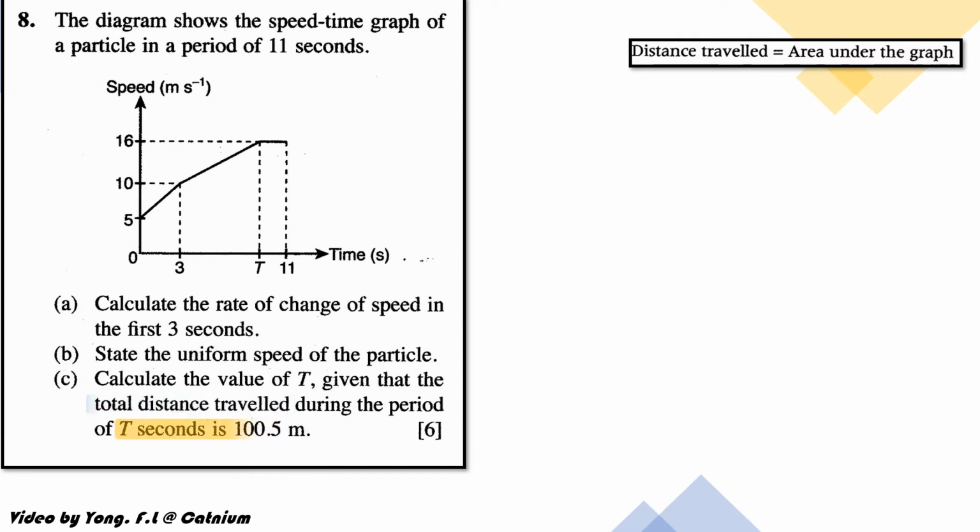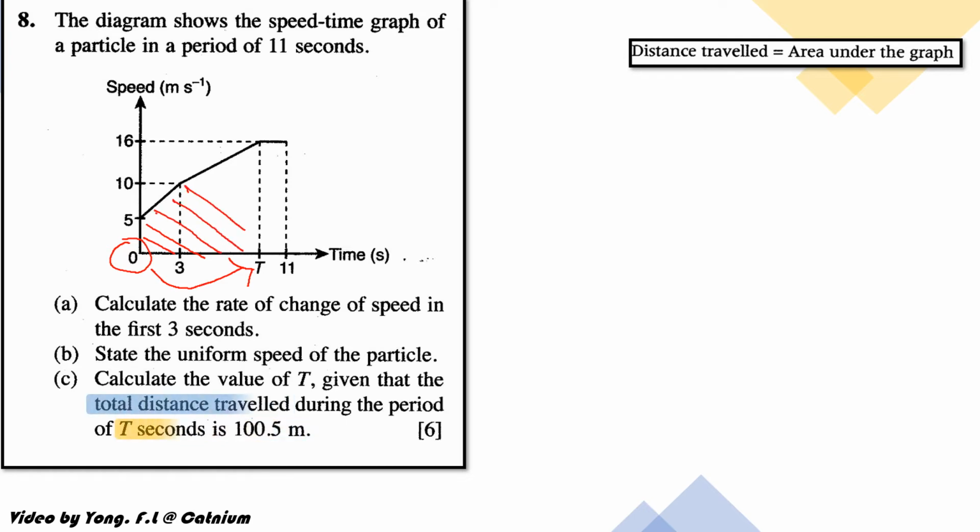Okay, so look at the graph. So 0 to t, from 0 to t. Okay, so the area of the graph, that means here over this.